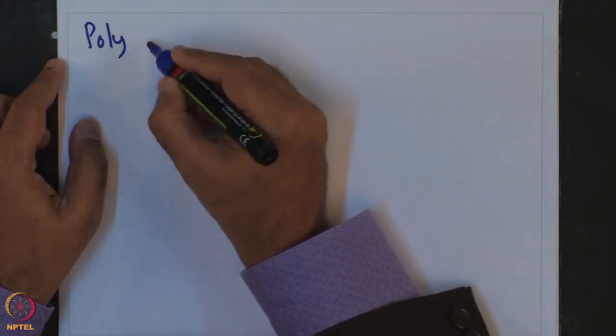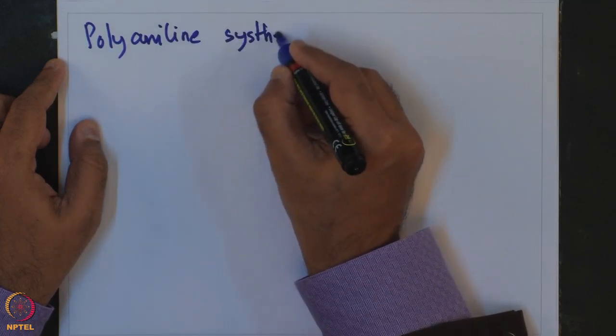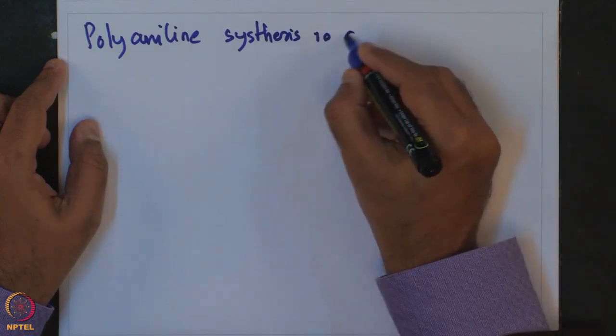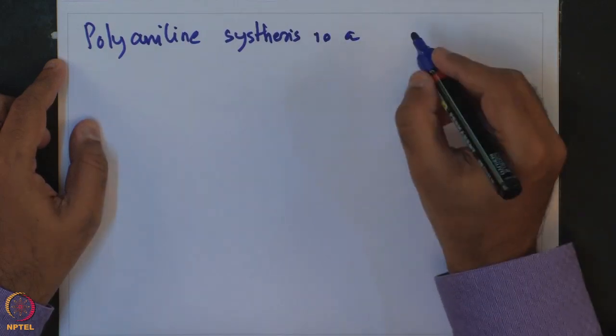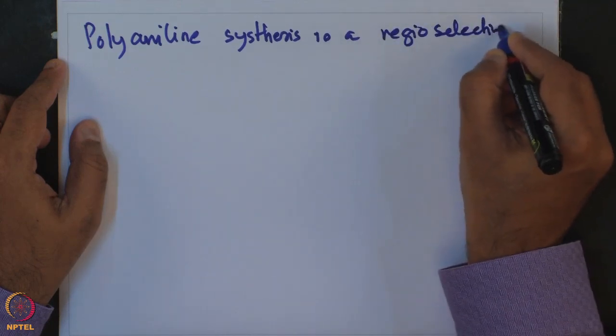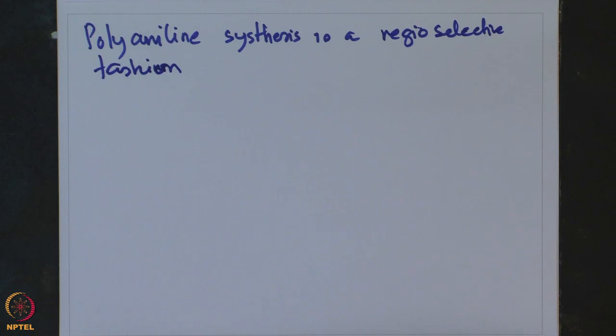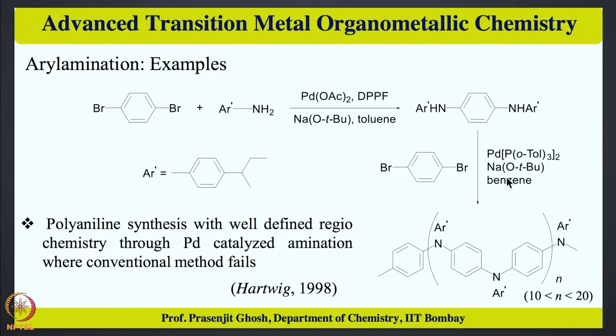So, polyaniline synthesis in a regioselective fashion can be achieved by this arylation of amine reaction, as opposed to the oxidative coupling pathways that would not be so selective.